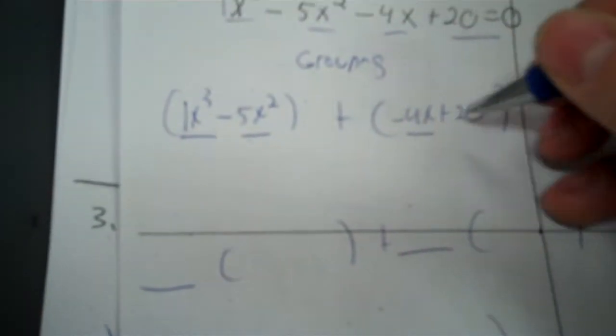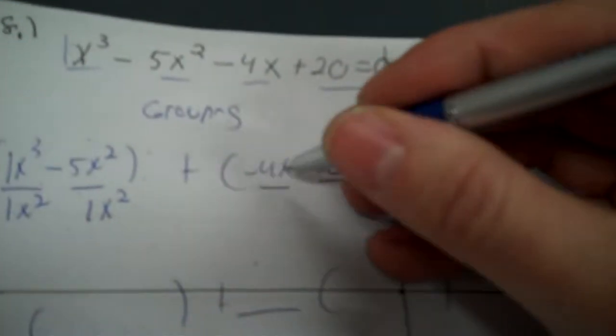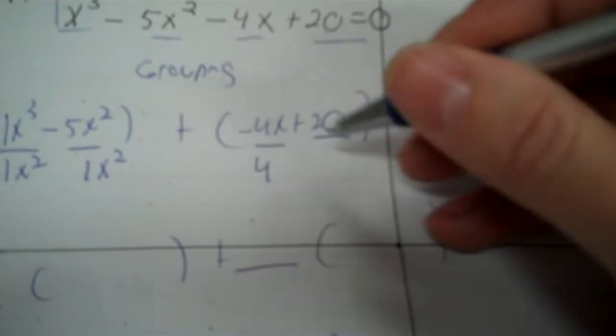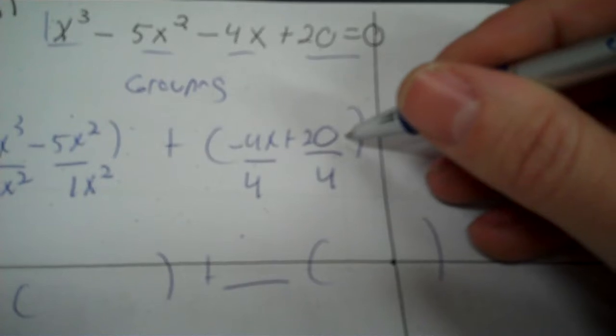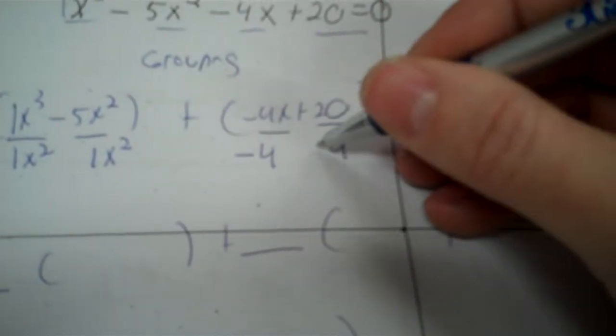So we look to divide. 1 and 5 would be 1. x cubed and x squared would be, again, you got to take the x squared at the end so that this becomes a constant. Okay, 4 and 20 would be 4. And you wouldn't put an x because 20 is already a constant. It doesn't have an x. And then put negative on the 4. Okay, so I factor out 1x squared.